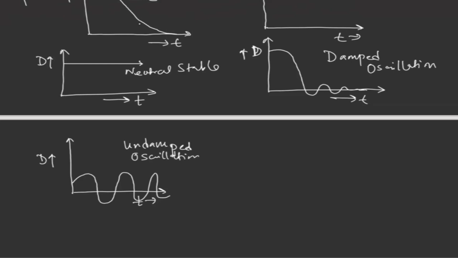Because if you look, the response remains the same over time, the same magnitude and the same frequency of oscillation. So this kind of response we call undamped oscillation.